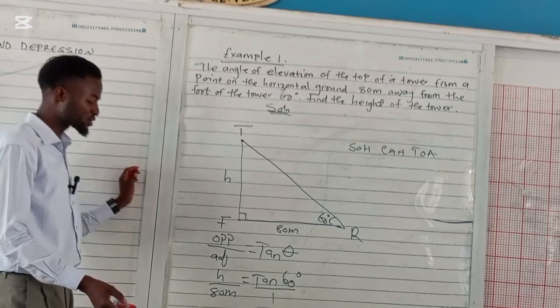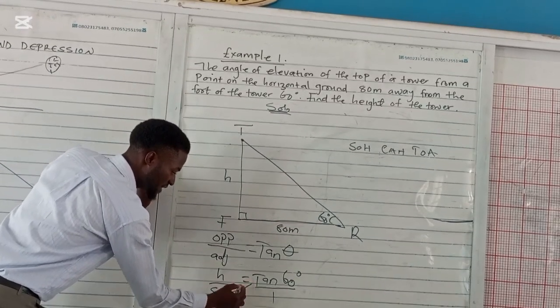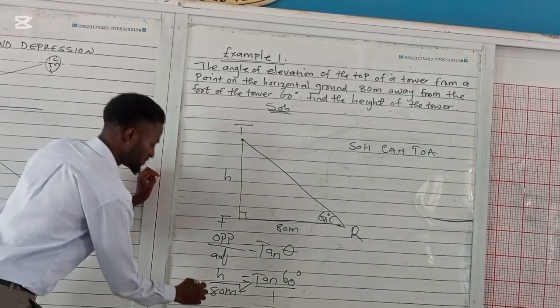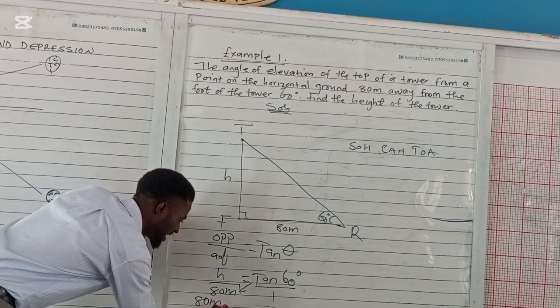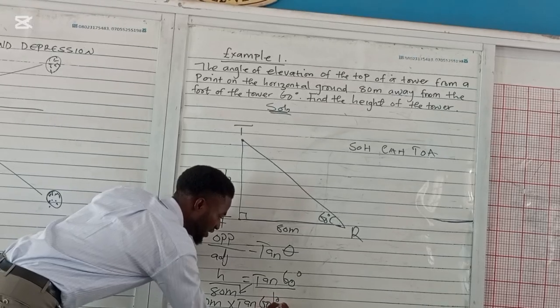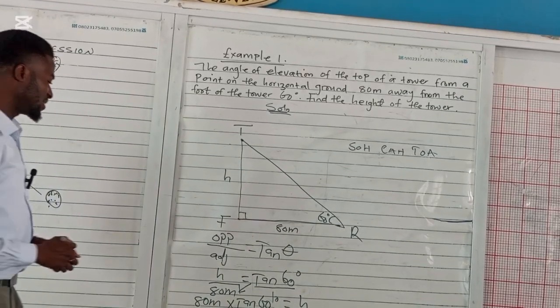So we can easily cross multiply. Cross multiplying, we have 80 meters times tan 60 degrees, which is equal to h.